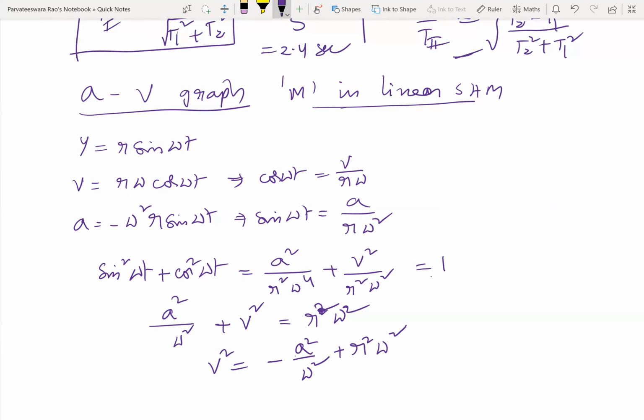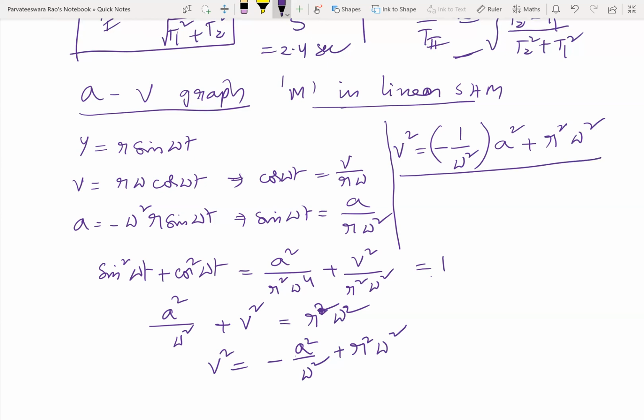So you can rewrite this equation as V square is equal to minus 1 by omega square into A square plus R square omega square. Compare it with y is equal to mx plus c. Therefore, the slope of this graph, m, will be minus 1 by omega square.